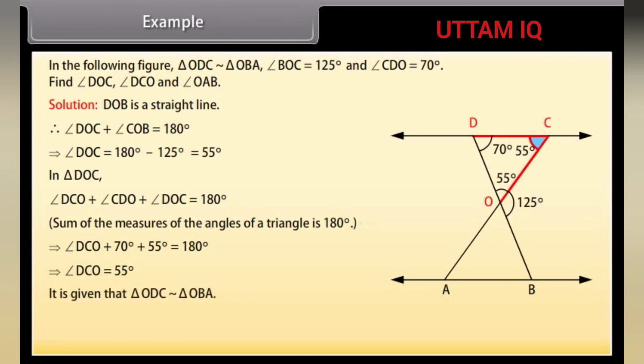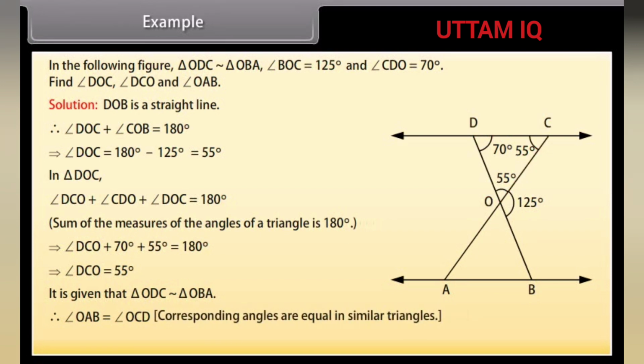It is given that triangle ODC is similar to triangle OBA. Therefore, angle OAB equals angle OCD. Corresponding angles are equal in similar triangles, which implies angle OAB equals 55 degrees.